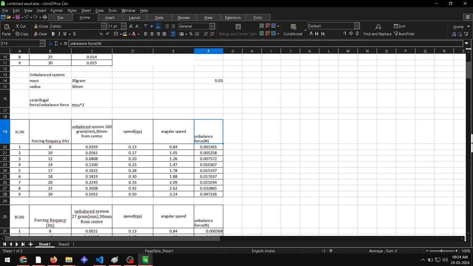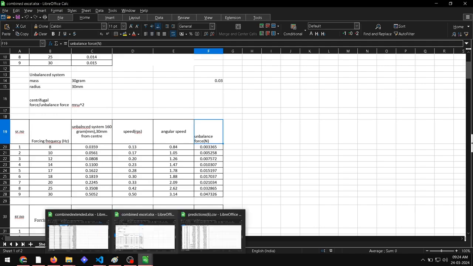That is centrifugal force, and the formula for the centrifugal force is mv square upon r. So we have the mass which we have added, the radius, which is the distance of that mass from the center of the disc, and then the angular velocity. So we got all those things and calculated the unbalanced force.